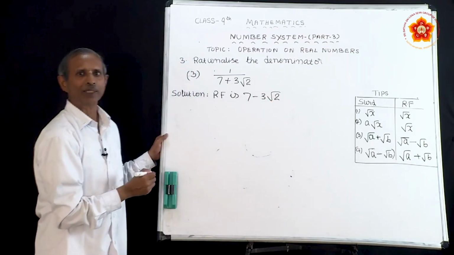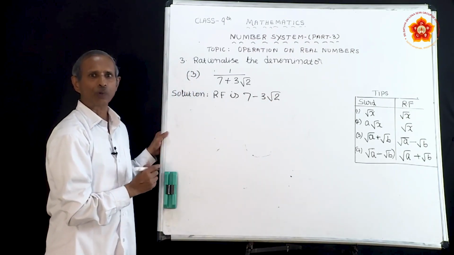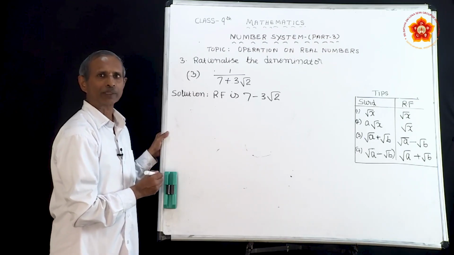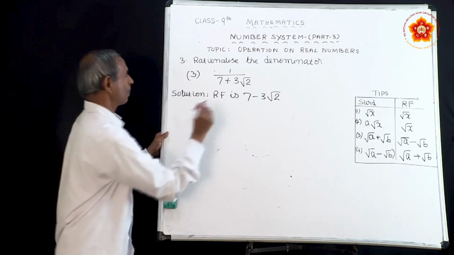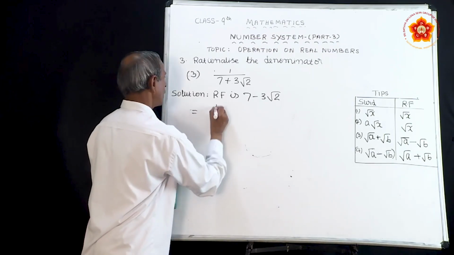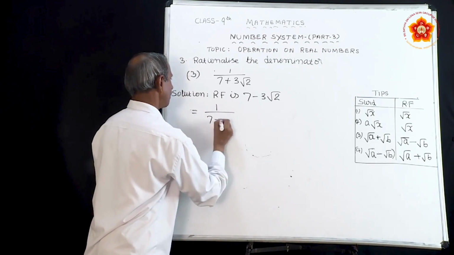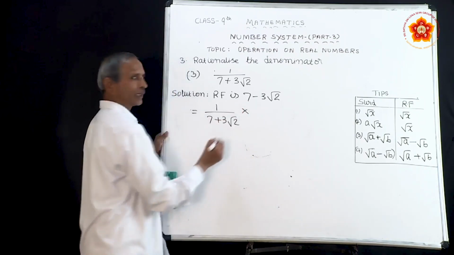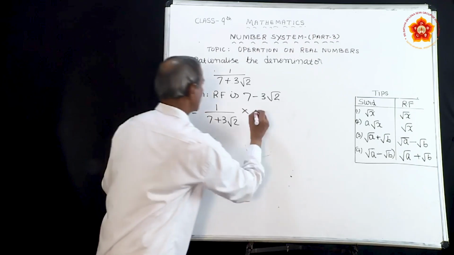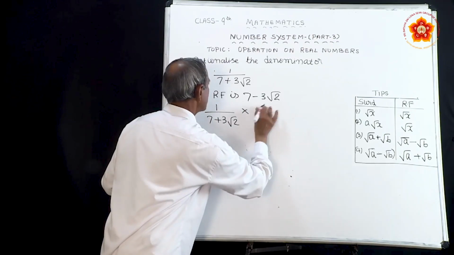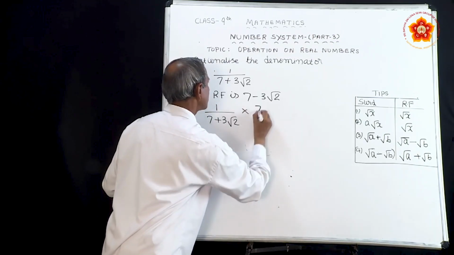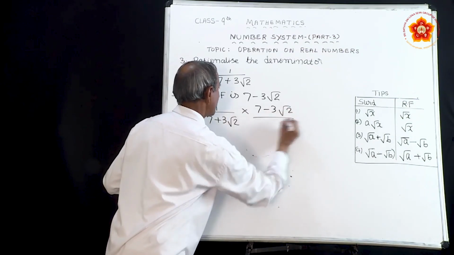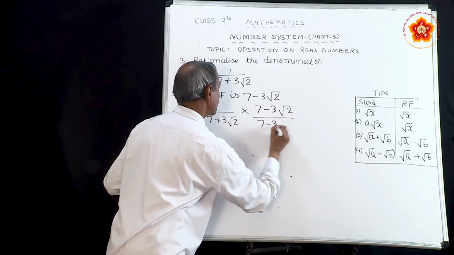After finding the rationalizing factor, you have to multiply both the numerator and denominator by its rationalizing factor. Now that becomes 1 upon 7 plus 3 root 2. We are multiplying by its rationalizing factor, that is 7 minus 3 root 2 divided by 7 minus 3 root 2.